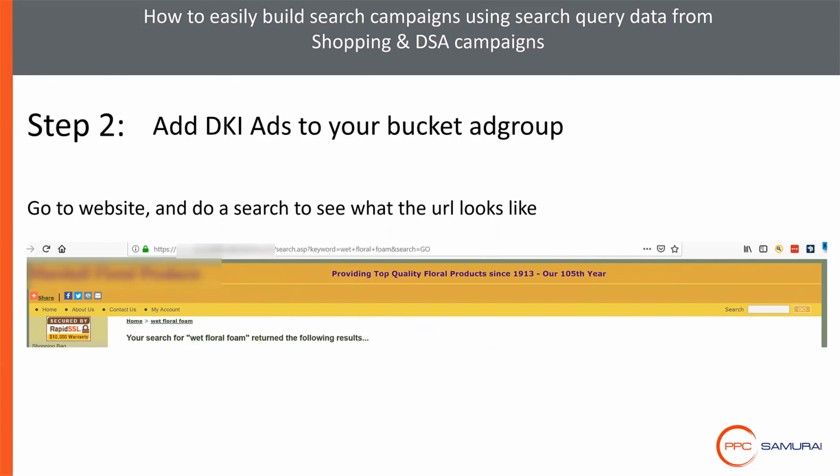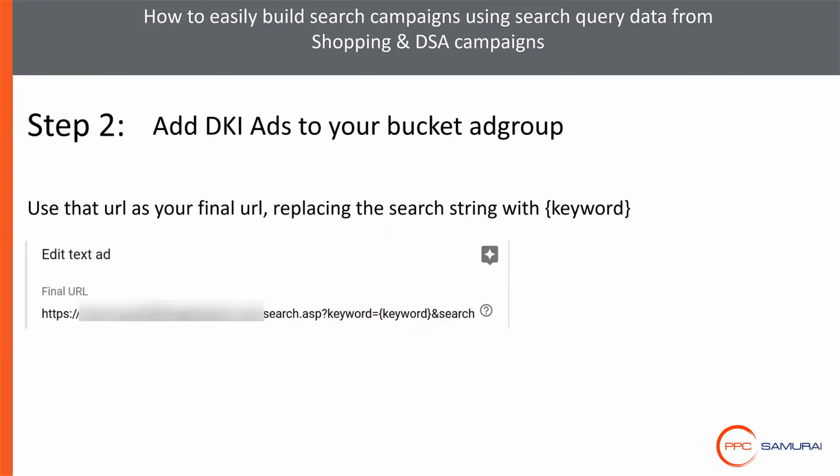And so what that will effectively do, we'll have one ad or a couple of ads if you want to do some ad testing, but in this case we're just doing one. So we'll have one ad here that has dynamic keyword insertion in the URL.